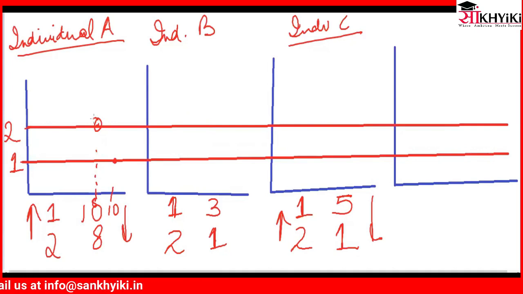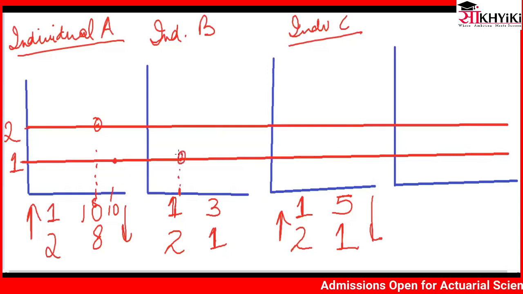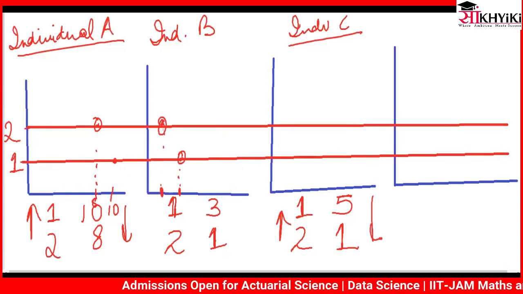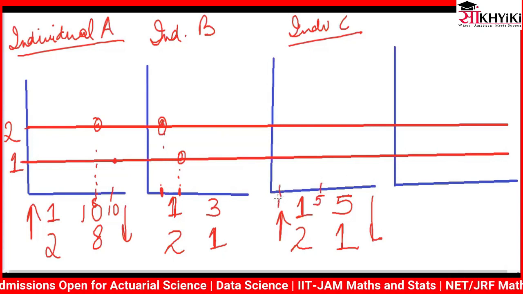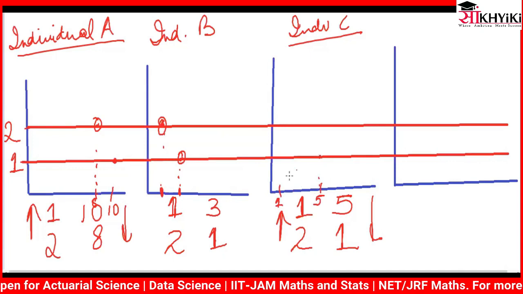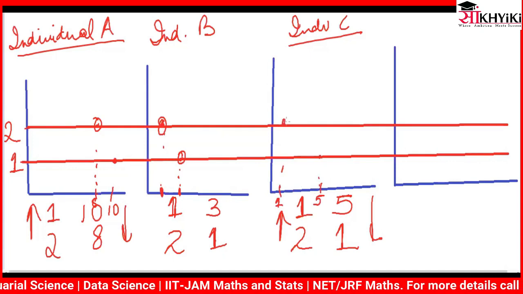For individual B, when price is 1, the demand is 3 units, and when price increases, the demand decreases to 1 unit. For individual C, when price is 1, the demand is 5 units, and it goes all the way to 1 unit.